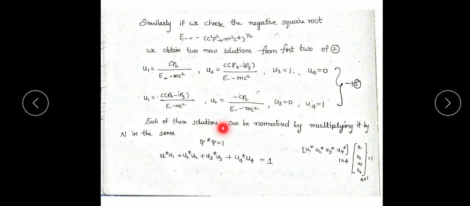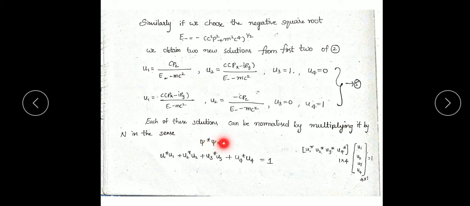So each of the solutions can be normalized by multiplying it with n. We need to normalize these equations, that means the wave function xi. In order to normalize that wave function, we need to multiply it with the normalization constant n, so that xi star into xi must be equal to 1.